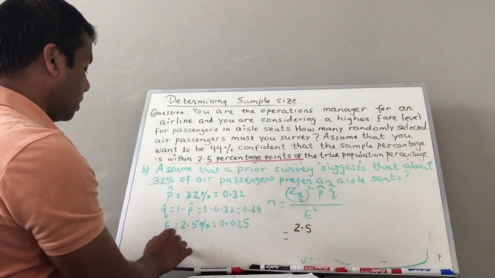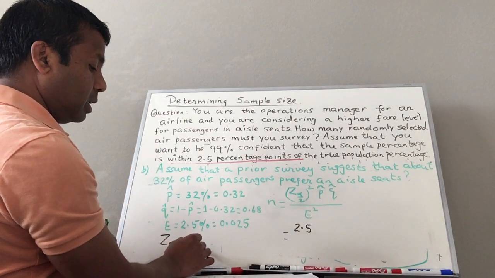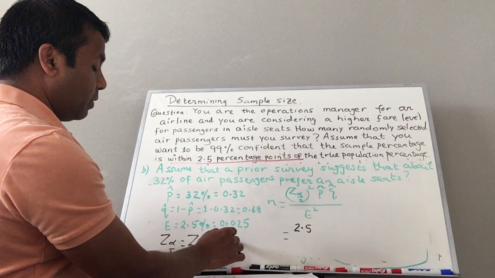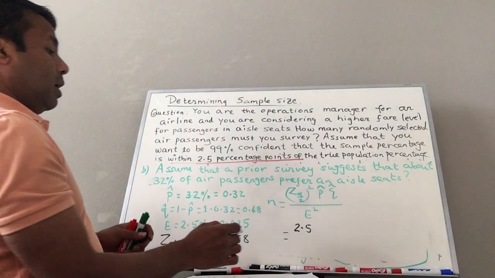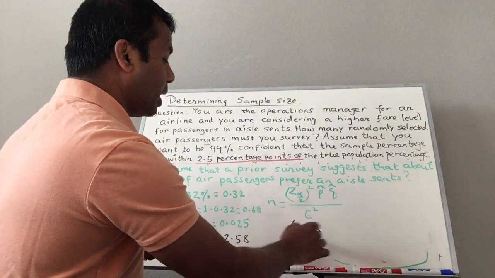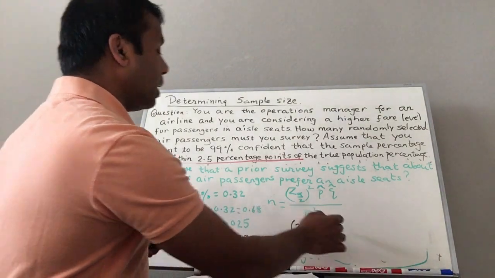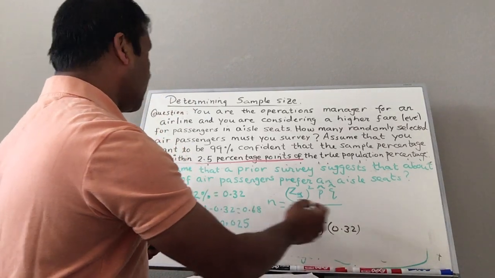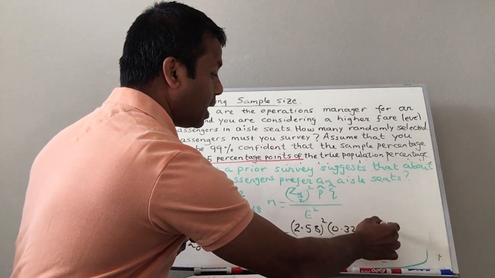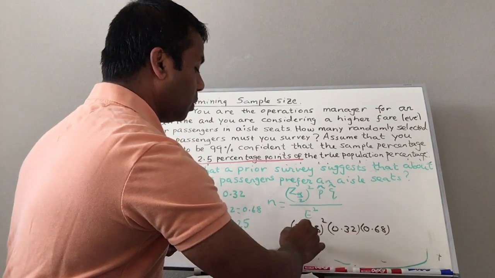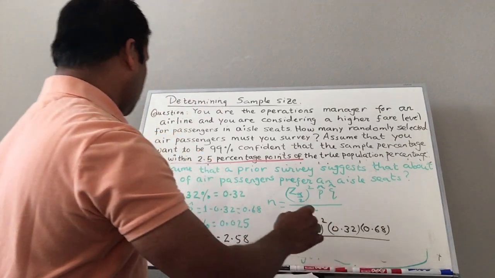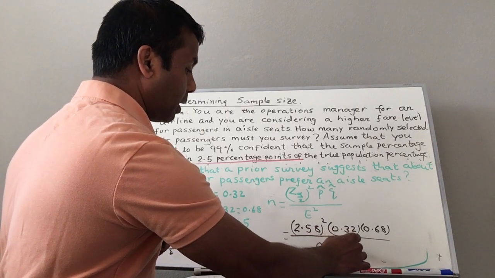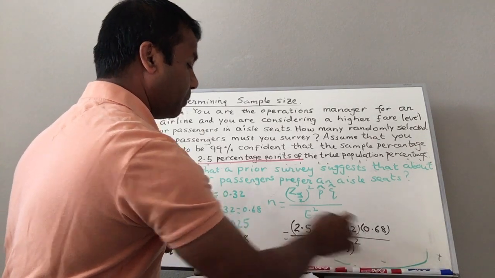So let me write down here, Z.005 is 2.58, and you plug in here 2.58 square, and the P hat is 0.32, and the Q hat is 0.68, over E square, which is 0.025 square.